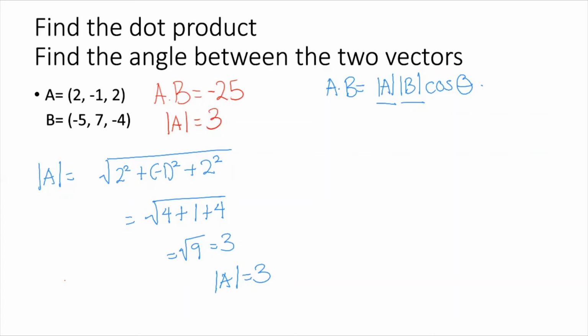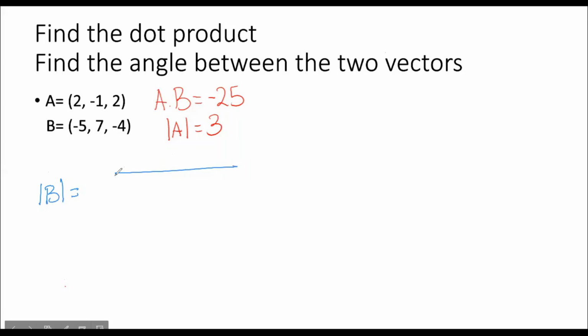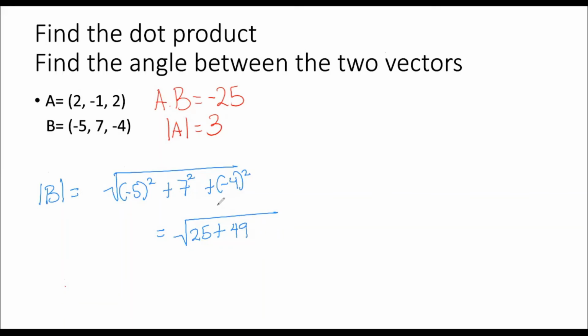Okay. Let's try B. The magnitude of B will be equal to the square root of the sum of the squares: minus 5 squared plus 7 squared plus minus 4 squared, which is equal to 25 plus 49.